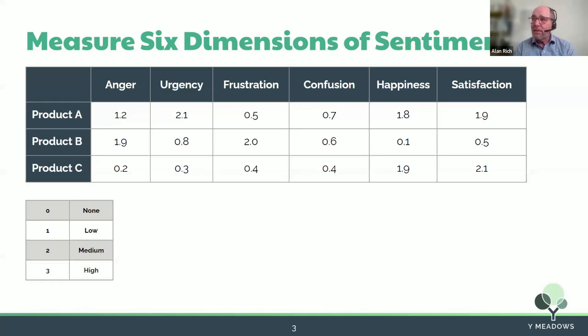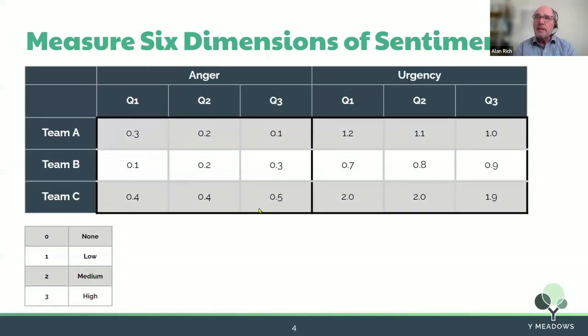Product C's got a very high satisfaction level compared to the other ones. So you can start to compare where your product teams might need to focus by using the overall customer sentiment over here.